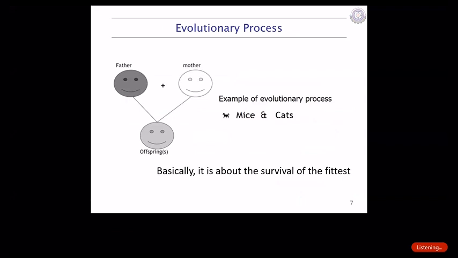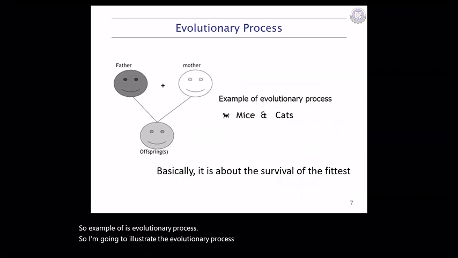Then the evolutionary process, as we can see here to illustrate, the father and mother as parents, and child. So I'm going to illustrate the evolutionary process by showing an example, mice and cats.